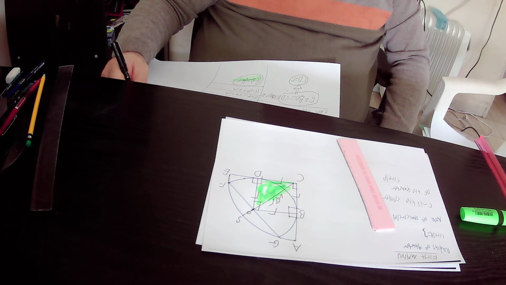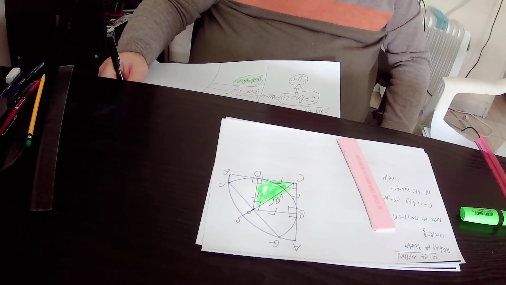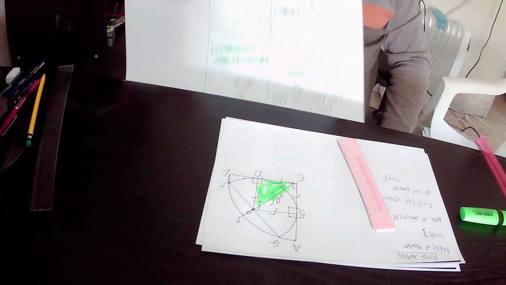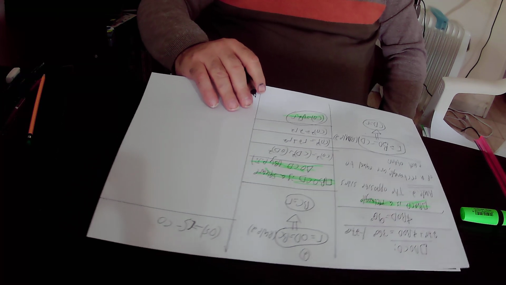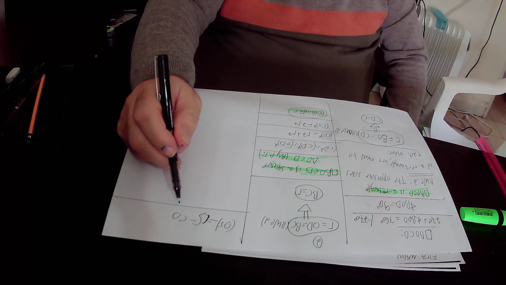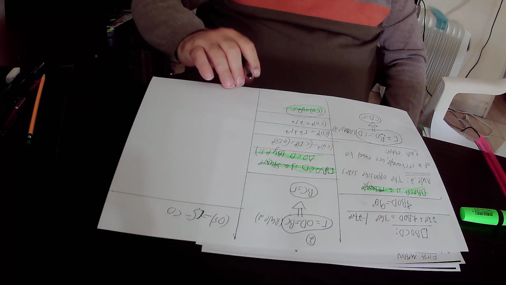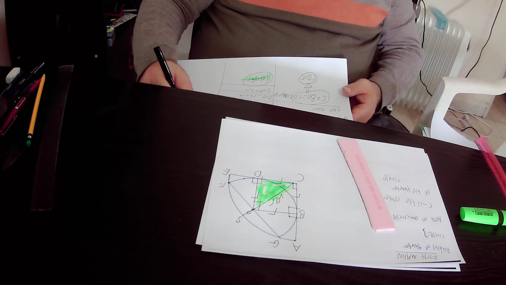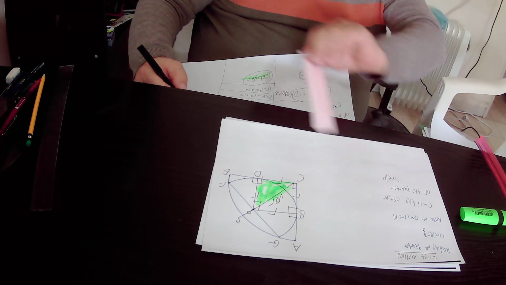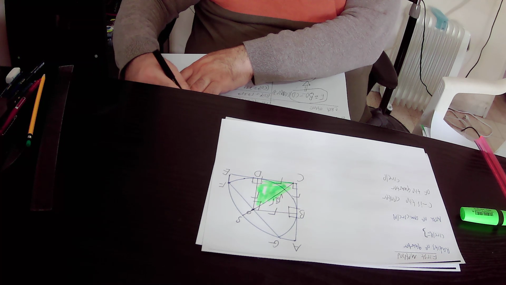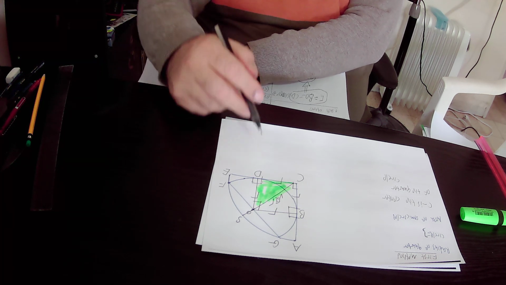CS minus CO. I repeat again, the length of the short line segment OS equals CS minus CO. So OS equals CS.